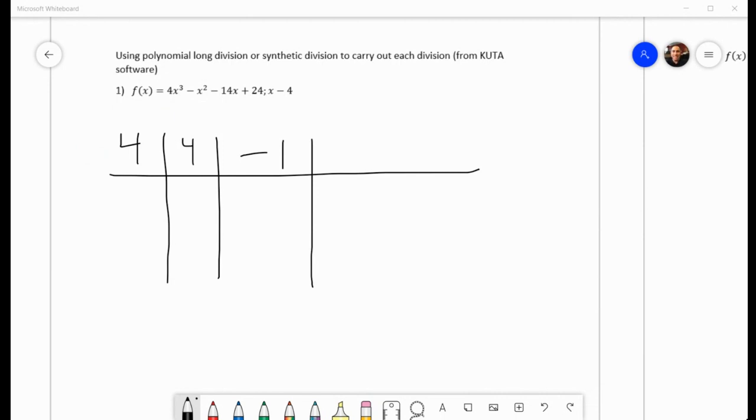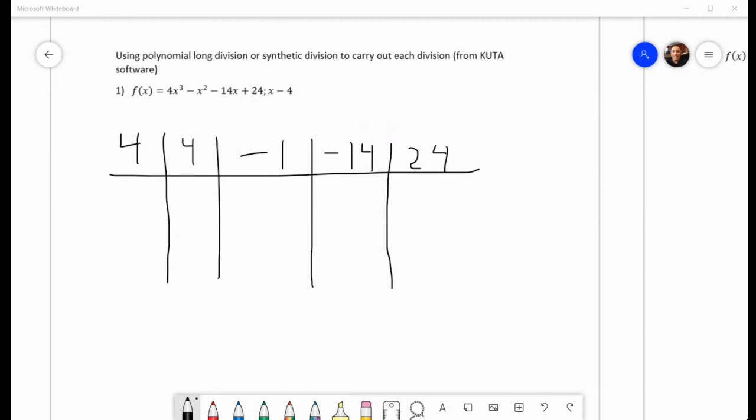Then we have the minus 14, as you can see. And then we have the constant term, which is 24.